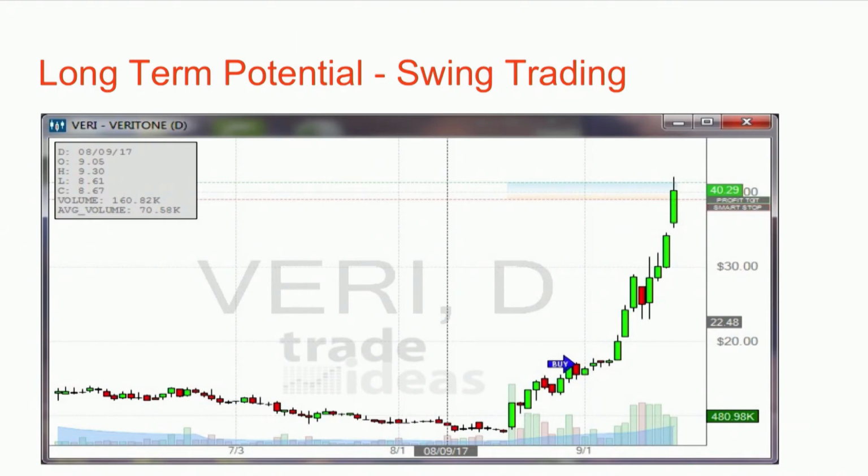But if I was in it today and I just got in, the stop would be at that red line, and the top would be right there. So again, even though the initial entry signal already happened, the AI is continuing to talk to you about, well, here's what it would do now.